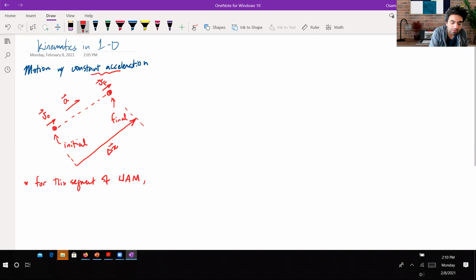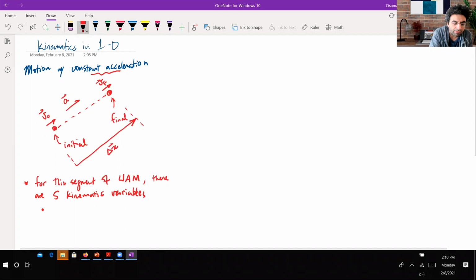And for this segment, there are 5 what we call kinematic variables that we care about. And they're all indicated there on the diagram, these 5 kinematic variables.